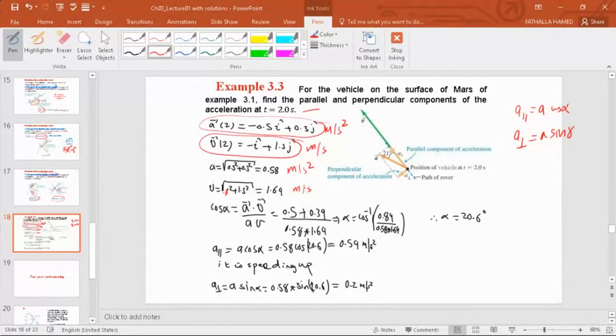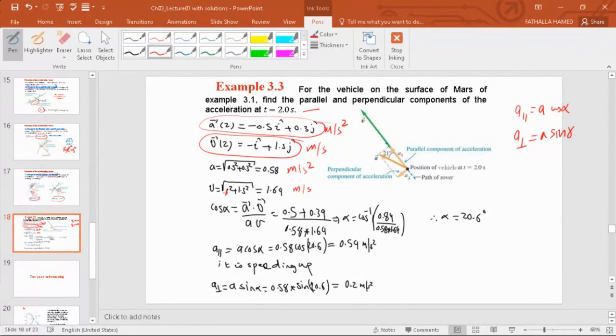So these are the magnitudes. And I can take A dot V: I'm dotting minus 0.5 I by minus I, and I dot I is 1, minus times minus is 1, so I get 0.5. And when I dot 0.3 J with 1.3 J, J dot J is 1, and 0.3 times 1.3 will give you 0.39.